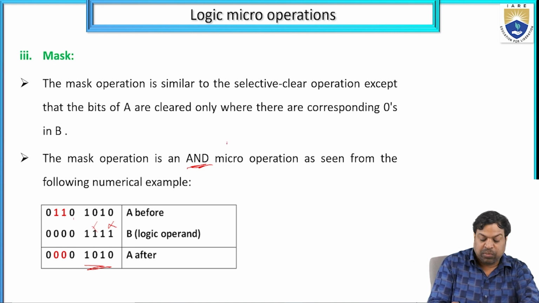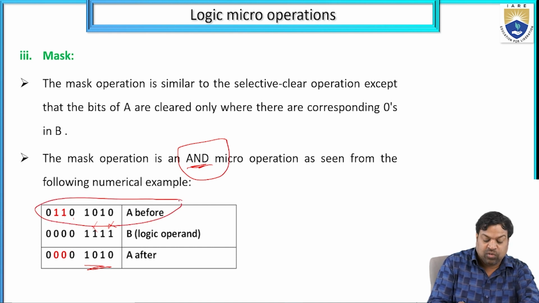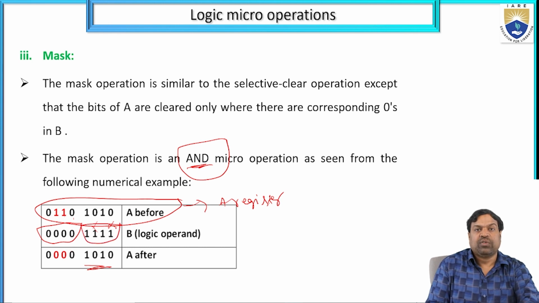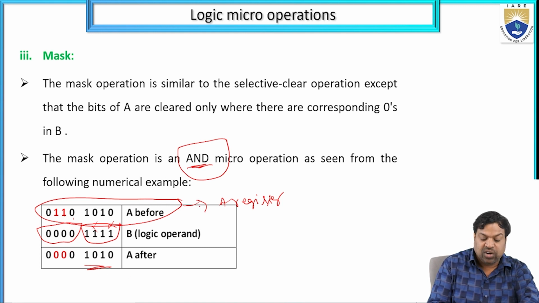So when I'm applying the AND, I need only the A register. The B register I'm taking on my own. That means higher order values I'm taking 0, 0, 0, 0, lower order values I'm taking 1, 1, 1, 1. So I'm applying to the A value already given 0, 1, 1, 0, 1, 0, 1, 0.